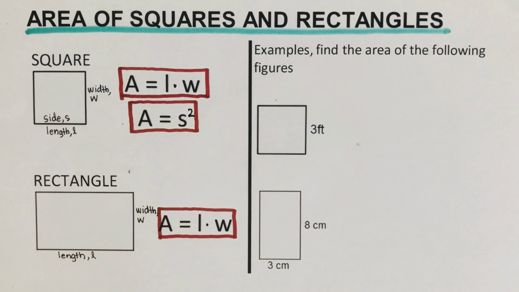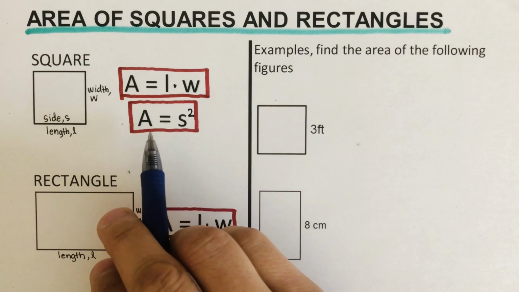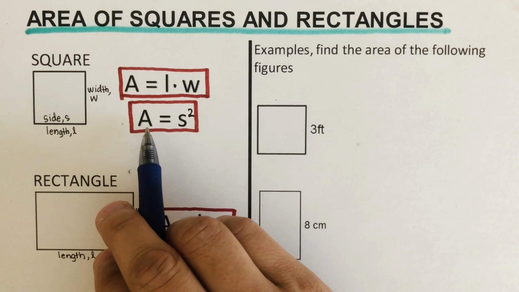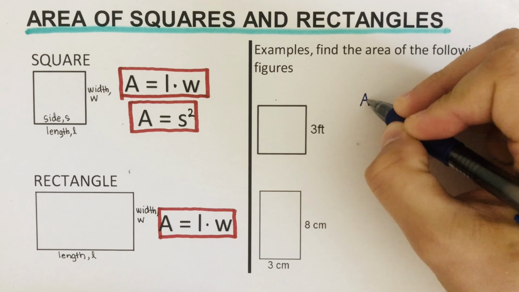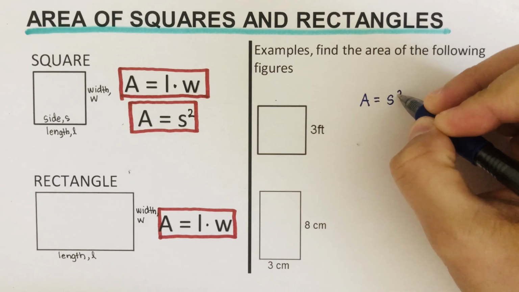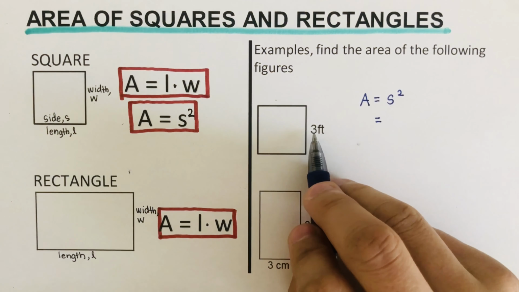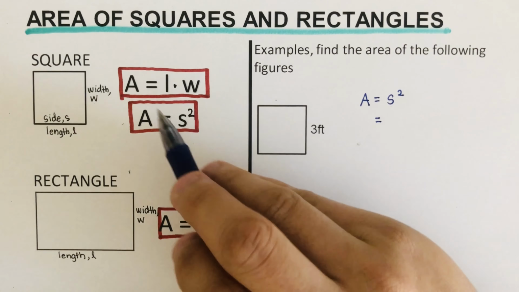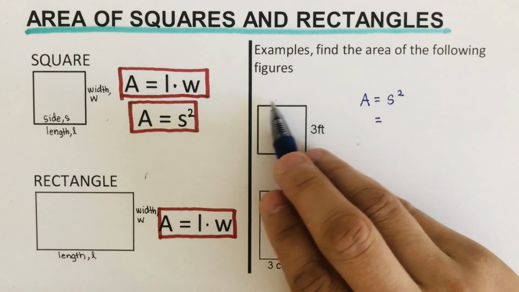So let's take this first example here. This is an example of a square, so we can use this first equation: area is equal to S squared. Then we plug values into this equation. This is our S. Remember, in a square, all of the sides are equal, so if this is 3, all the rest are 3.